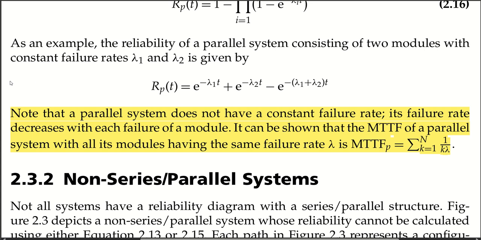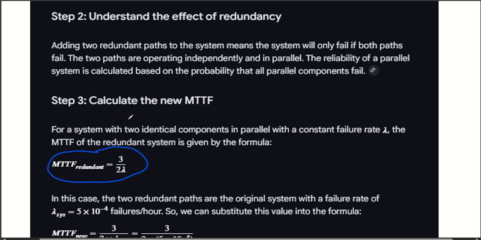Now, our system here has 2 parallel parts, right? So if you sum from 1 up to n of 1 over k lambda, the first term will have just 1 over lambda, where k is 1, and the second one will have 1 over 2 lambda.